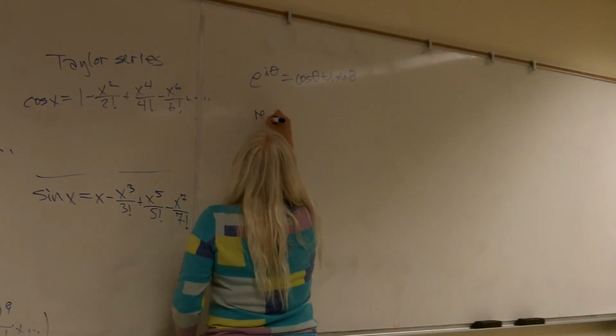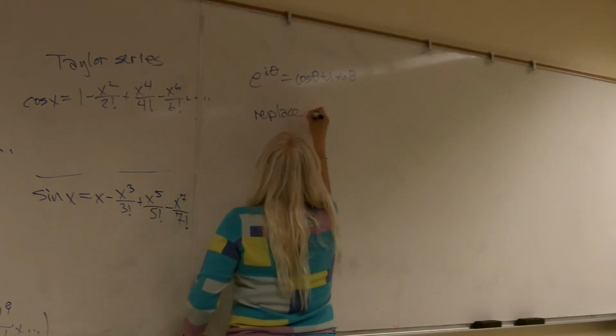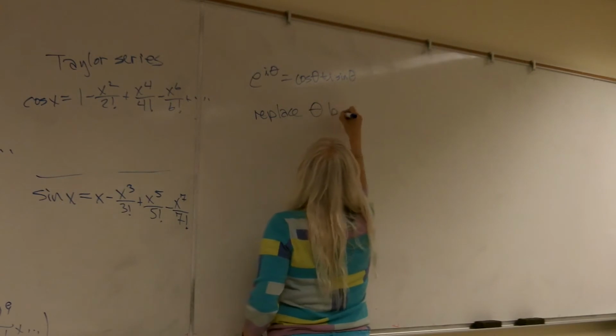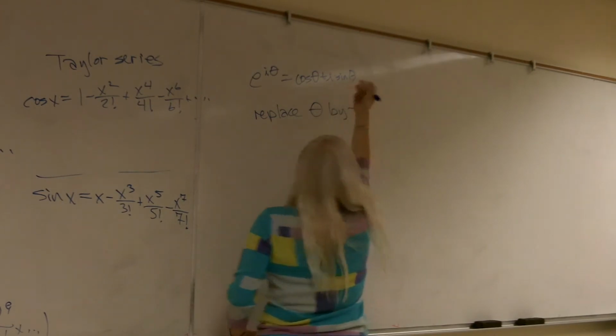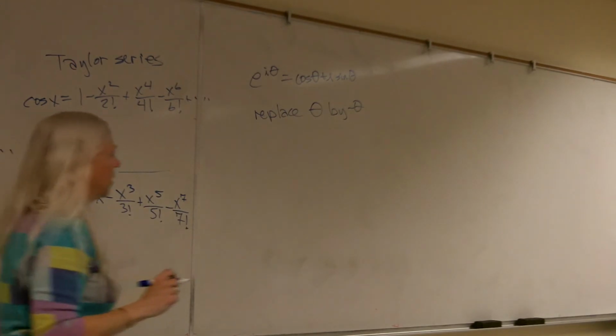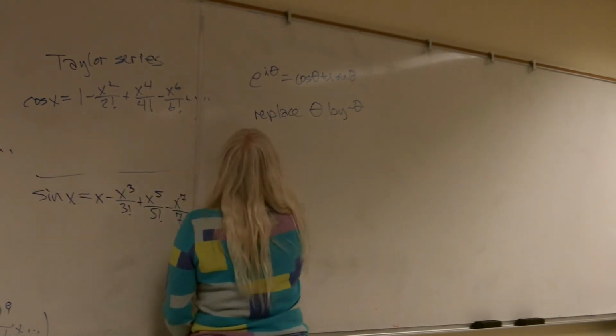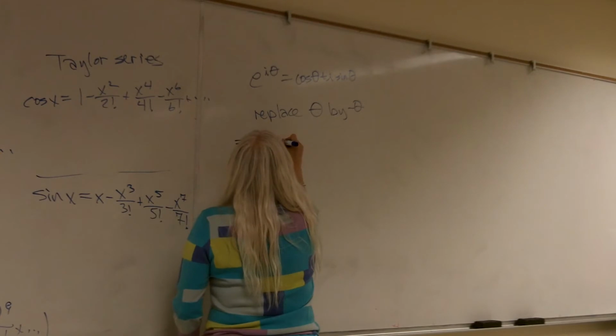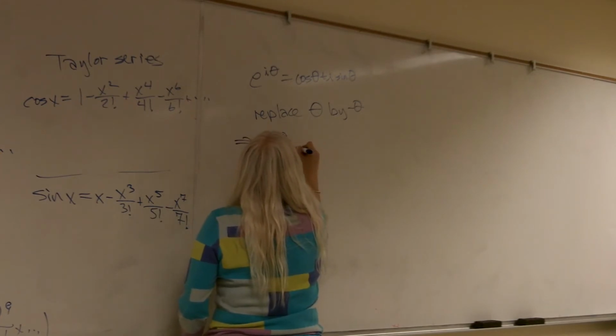Okay, well, in this expression, let's think about what would happen if we replace theta by minus theta. This is true for any value of theta, so we can certainly replace theta by negative theta. Then we'd have e to the minus i theta.